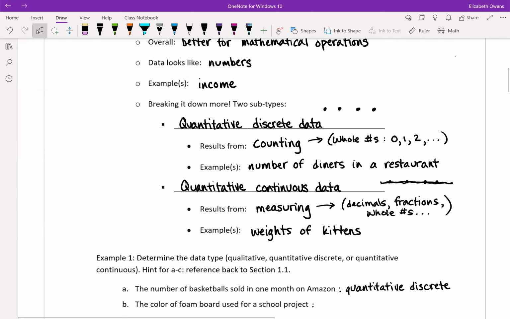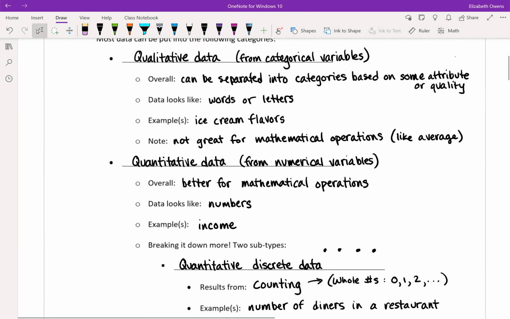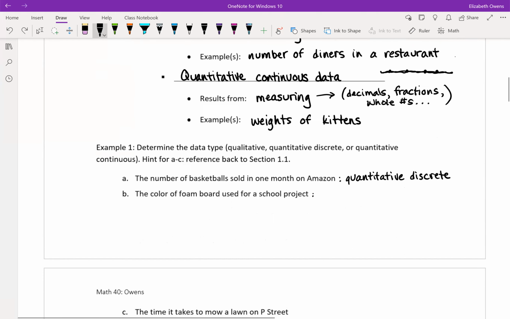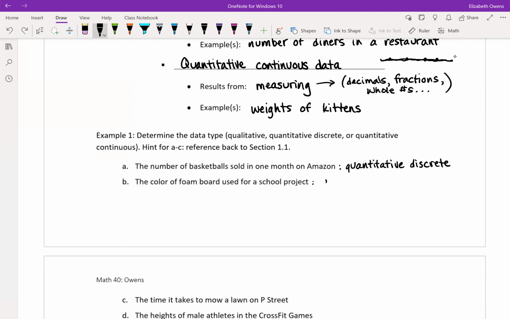Well, let's see. The colors that we're describing, we're separating that into categories based on the attribute of color. So we're going to get words resulting there, different colors of foam board, white, blue, orange, etc. This is going to be qualitative data.